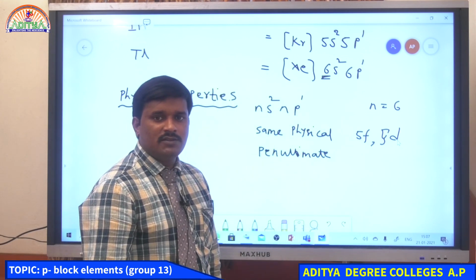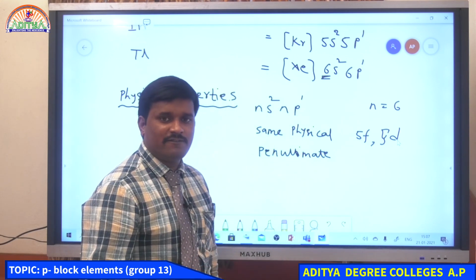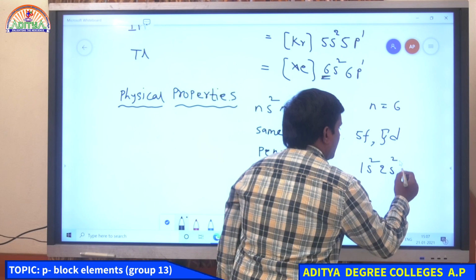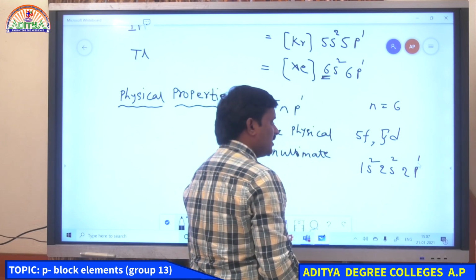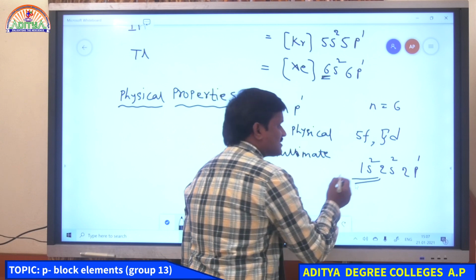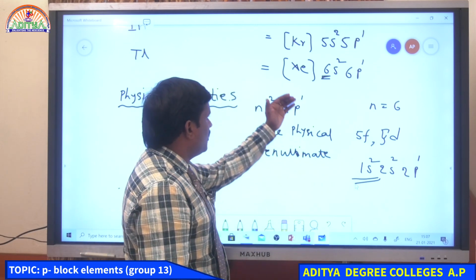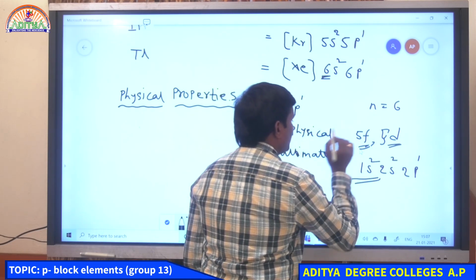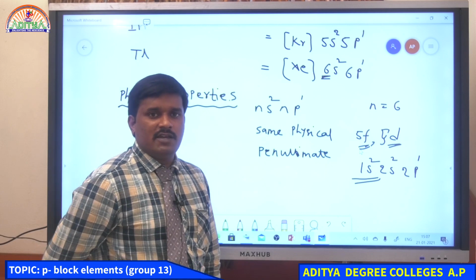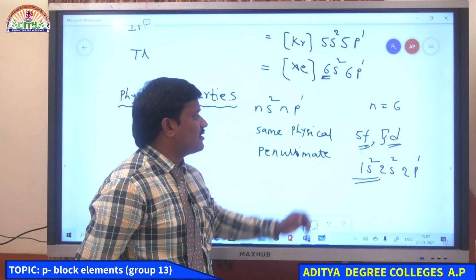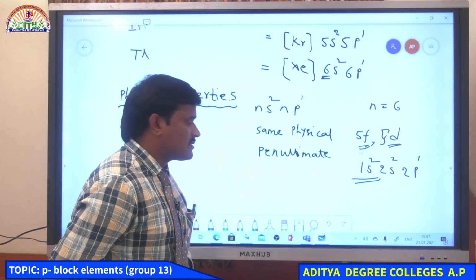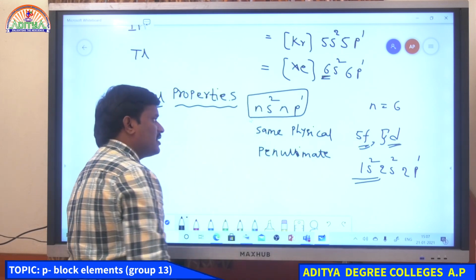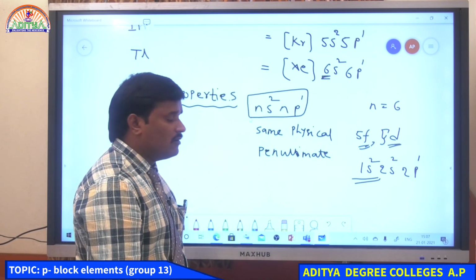But in the case of boron there is no d orbital as well as no f orbital, only 1s2, 2s2 and 2p1. So here the penultimate shell has only s orbitals, whereas the lower elements have both d orbitals as well as f orbitals. Therefore there are some deviations in their properties due to the presence of both f and d orbitals, but there are similar properties due to the general electronic configuration ns2 np1. Now what are the properties?